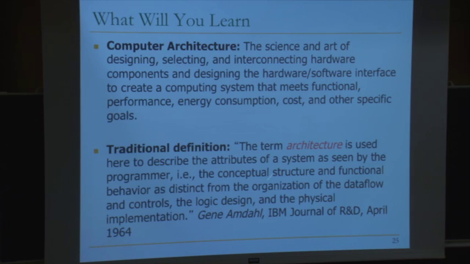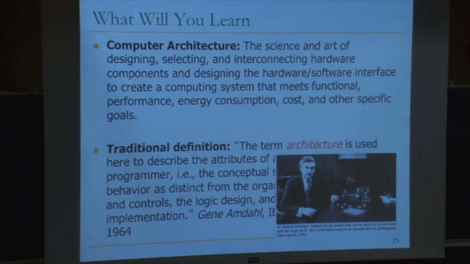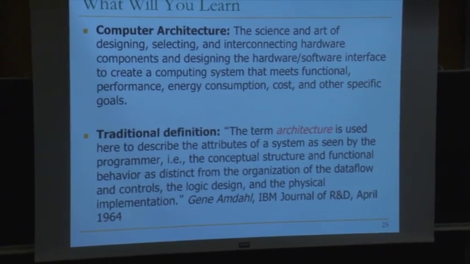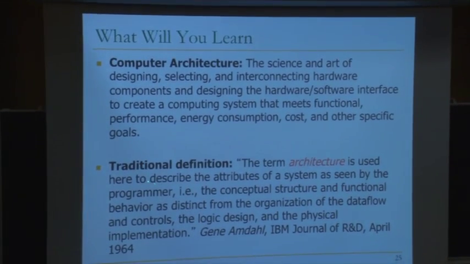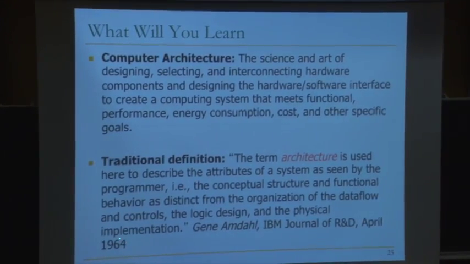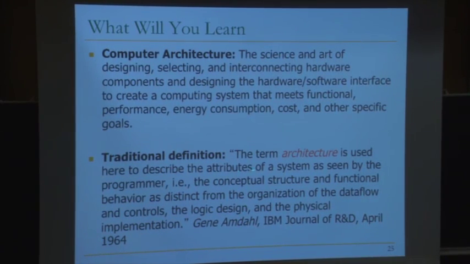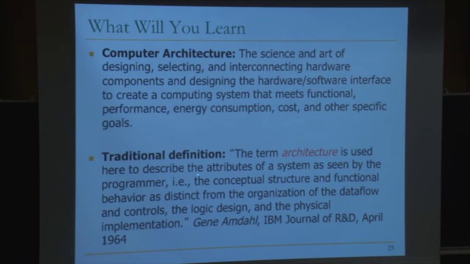This is Amdahl's definition. You all know about Amdahl's law, right? He's a famous computer architect. And what he said in the IBM Journal of Research and Development in 1964 is, architecture is used to describe the attributes of a system as seen by the programmer, i.e. the conceptual structure and functional behavior as distinct from the organization of the data flow and controls, the logic design, and the physical implementation.